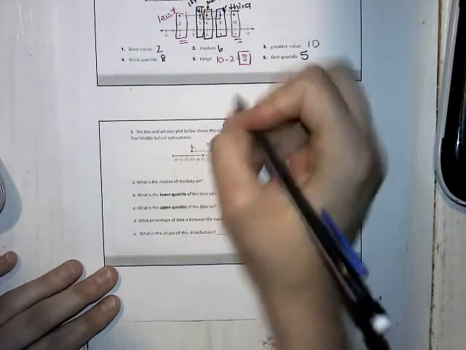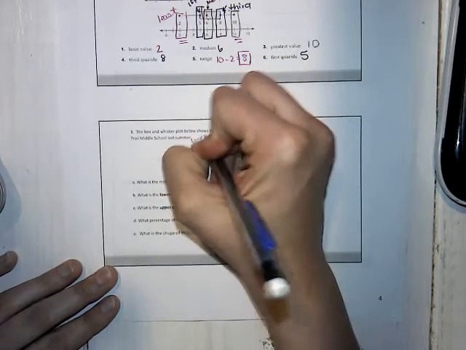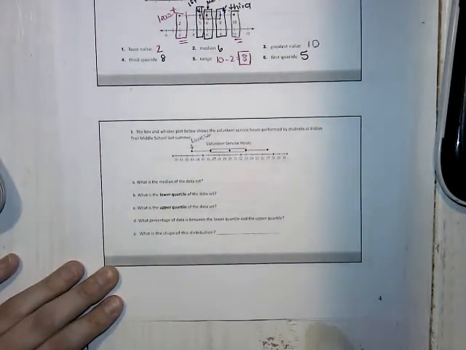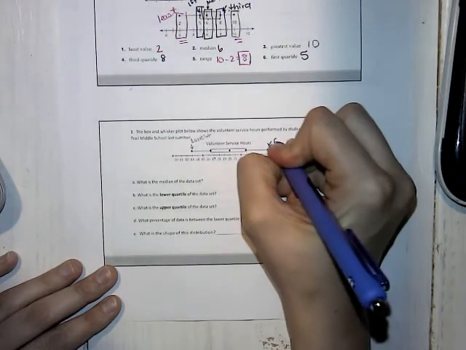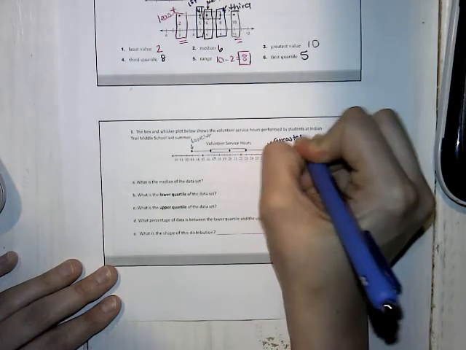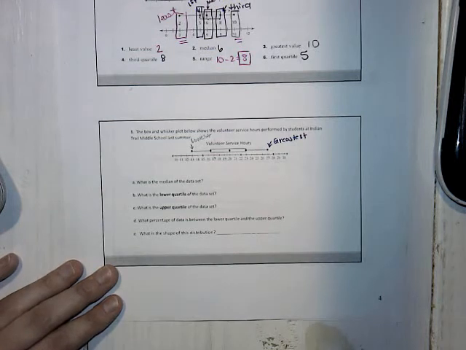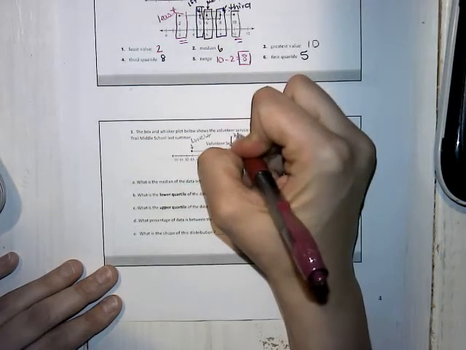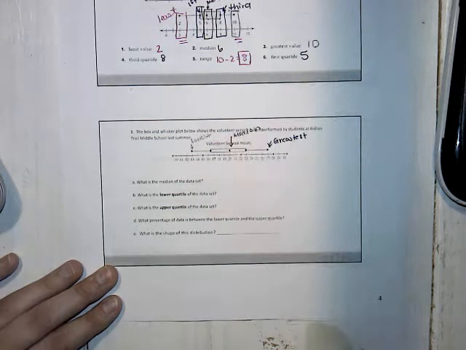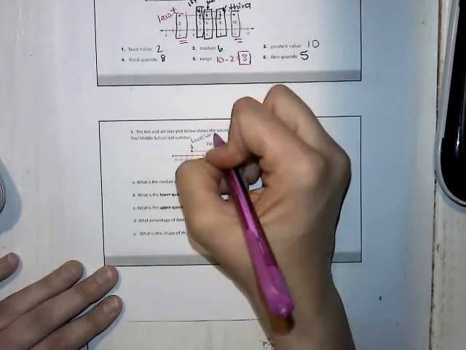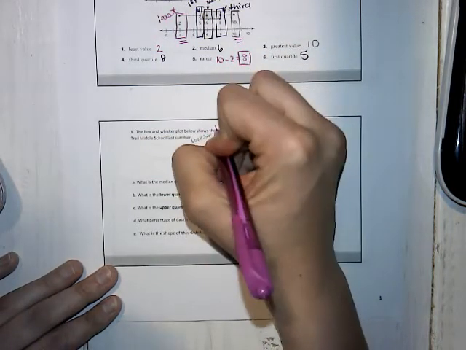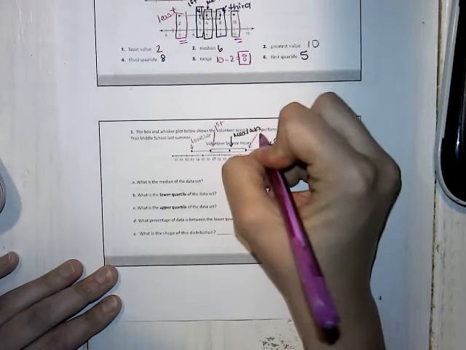So remember, this is my lowest point. This is my greatest value. This is my median. And then these are my quartiles, my lower and upper quartiles. So I have my first and my third here.